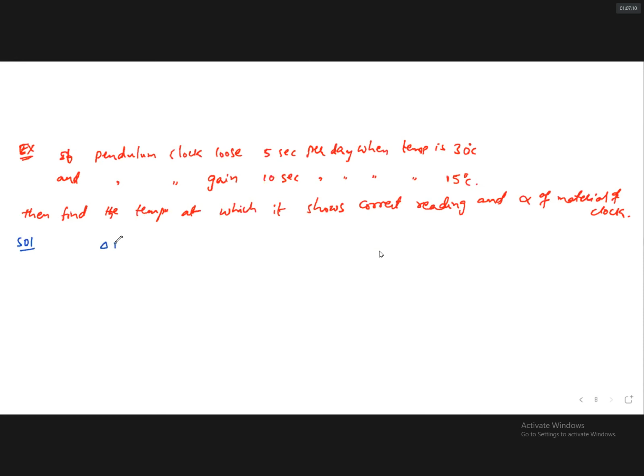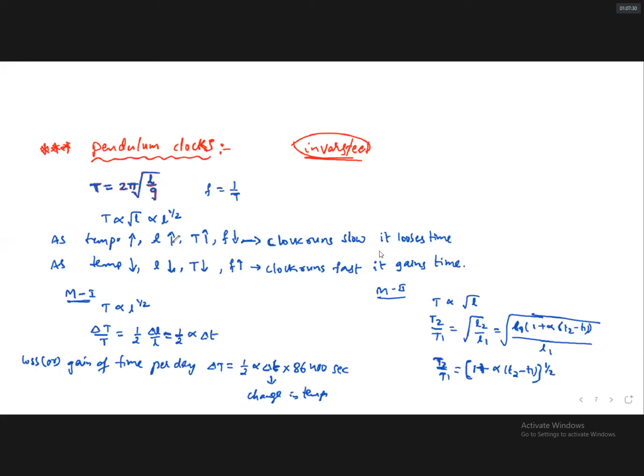Now we know that loss or gain of time per day, we read it as half alpha delta T into 86,400 seconds, that is per day. So generally, it loses the time in summer. Summer means when the temperature is more than the calibrated temperature.